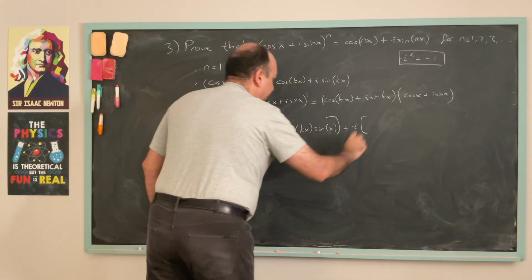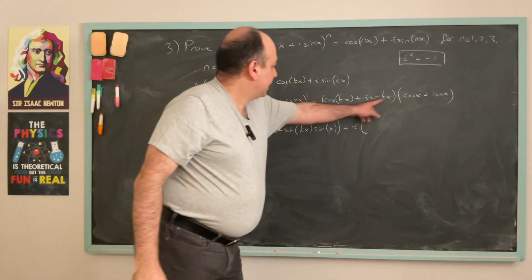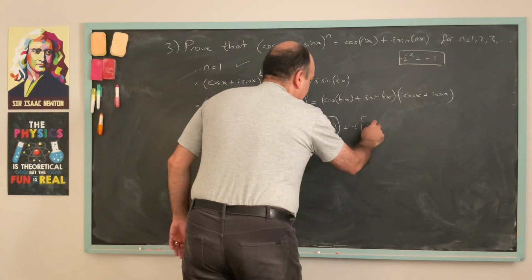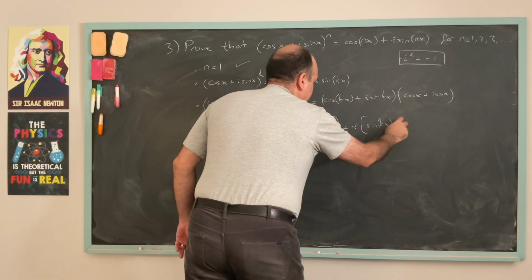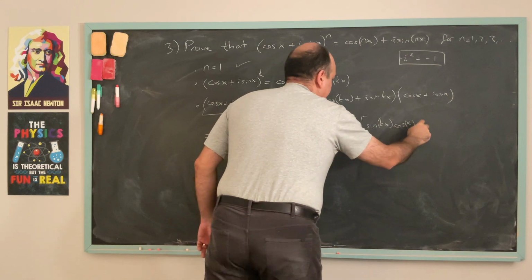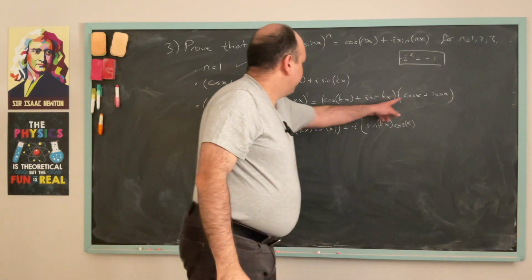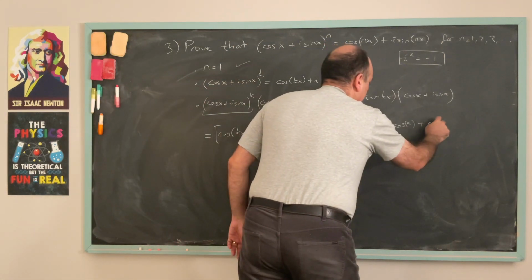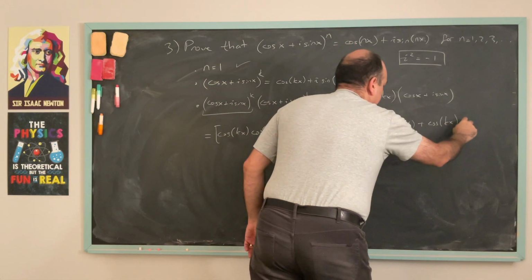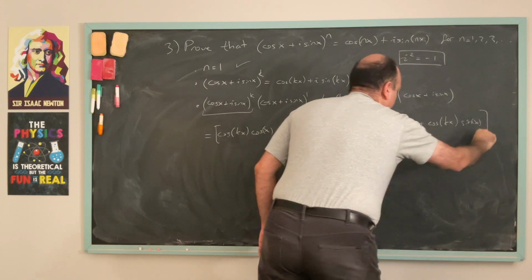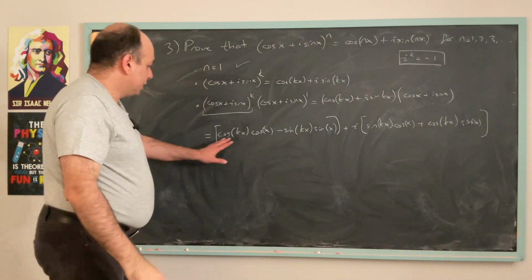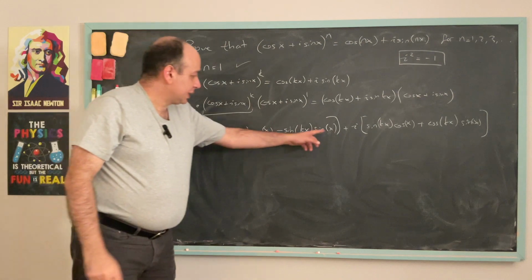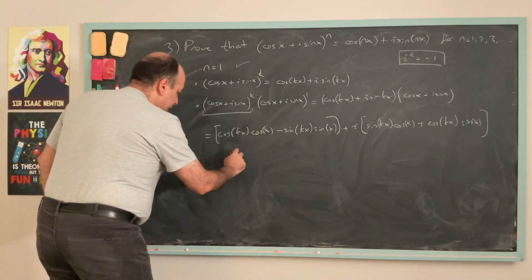Plus I. Okay, I have sine kx times cosine x, and then I have sine x cosine kx, so plus cosine kx times sine x. Good. So this is nothing but like cos, cos, sine, sine, right? Cosine, this gives me cosine.